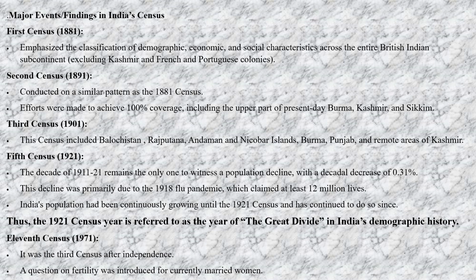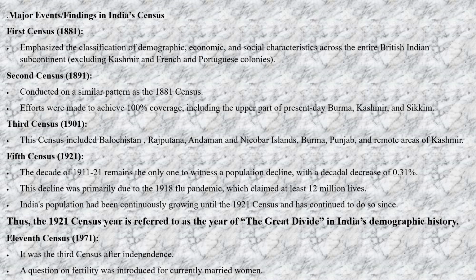Major events and findings in India's census. The first census, 1881, emphasized the classification of demographic, economic, and social characteristics across the entire British Indian subcontinent, excluding Kashmir and French and Portuguese colonies. Second census, 1891, conducted on a similar pattern as the 1881 census.